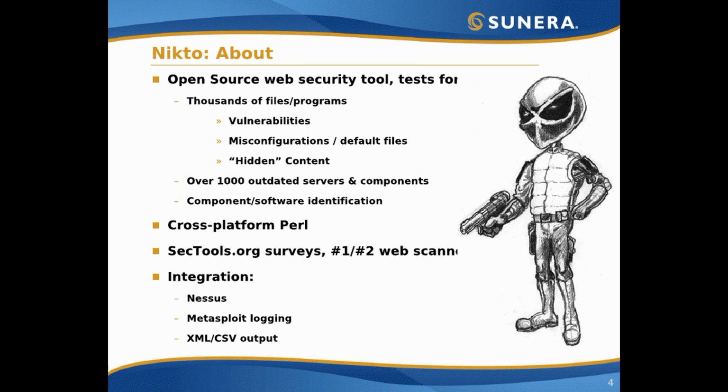It also does a lot of checking for outdated servers from the banners and different types of HTTP headers that might come back from a web server that you wouldn't necessarily see in a web browser. And it does quite a bit of software identification, so looking for different login screens that might not be obvious. It tries to identify different CMSs, different software products, that type of thing.